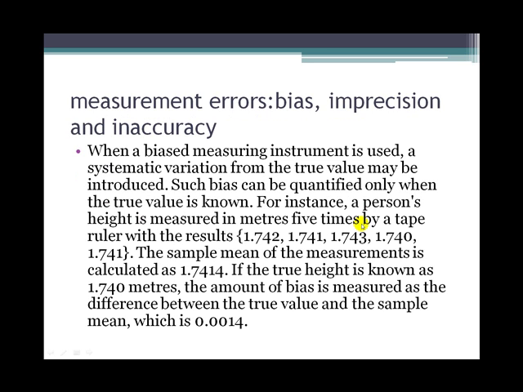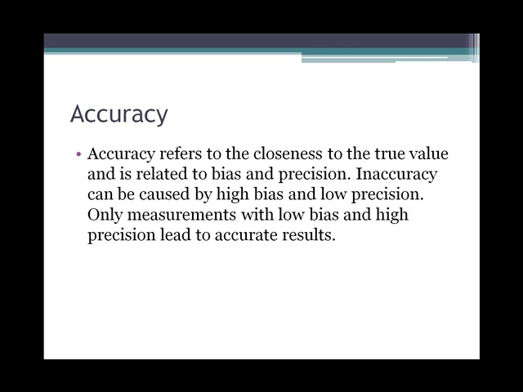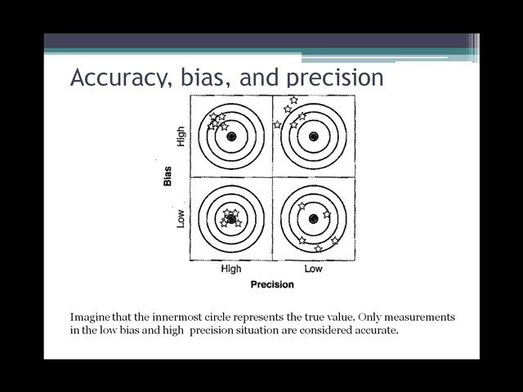Okay, measurement errors. We talk about different types of errors. We can talk about bias, imprecision, and inaccuracy. Let's look at this first. Here we have, like you're shooting at a target, 4 different examples.